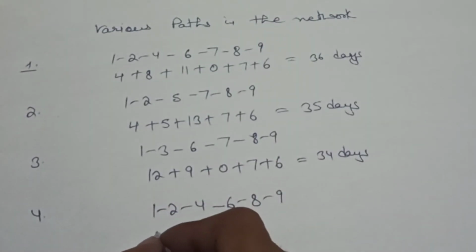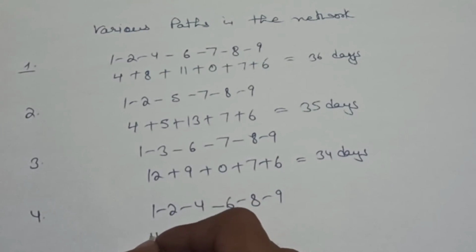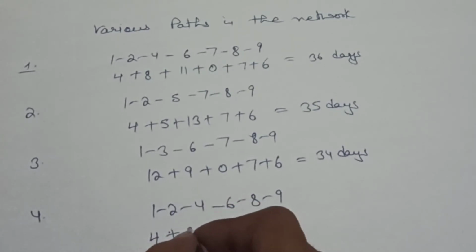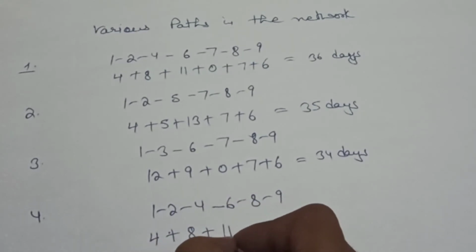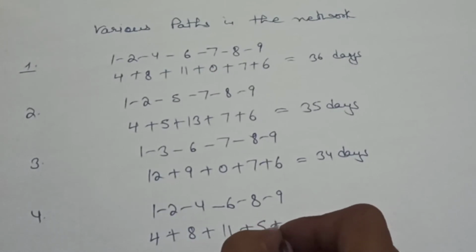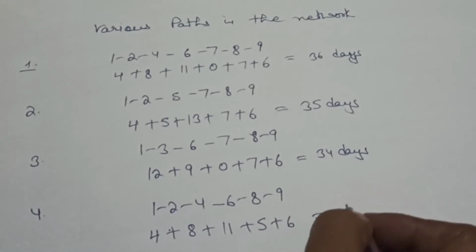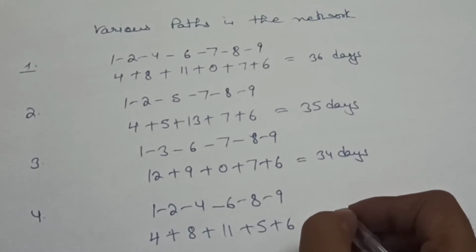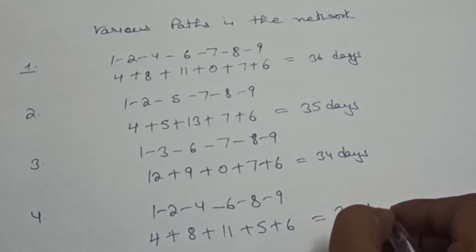And duration is 4 plus 8 plus 11 plus 5 plus 6. So we can say total duration is 34 days.